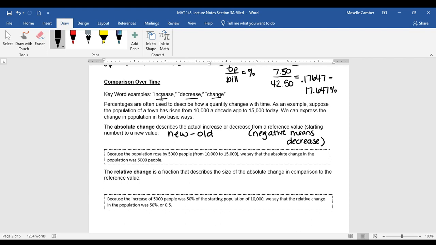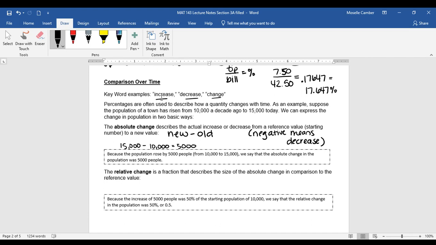So for our example of 10,000 and 15,000, we take this 15,000, which is our new, and subtract off what we started with. We know it's new because it is a later date, right? We would get 5,000 people. So it increased because it's positive. We can say it increased 5,000 people, and that is the absolute change.